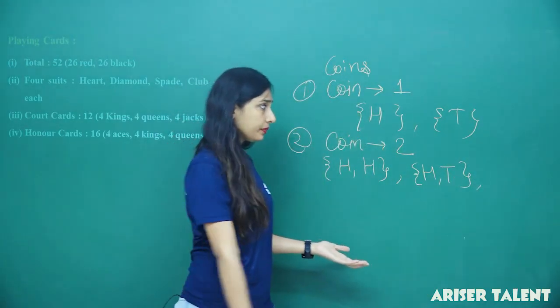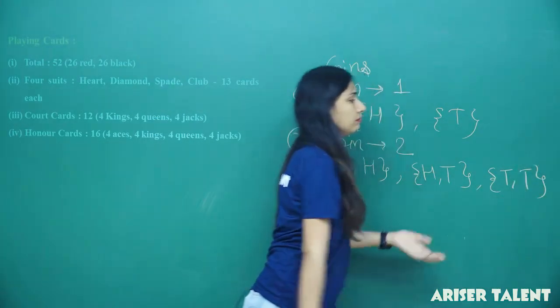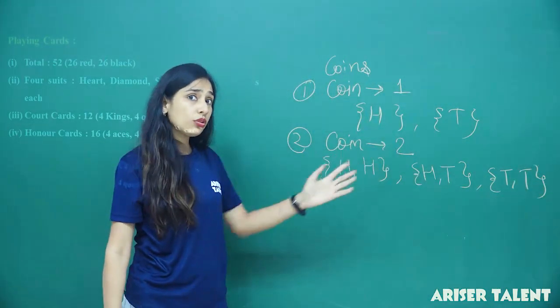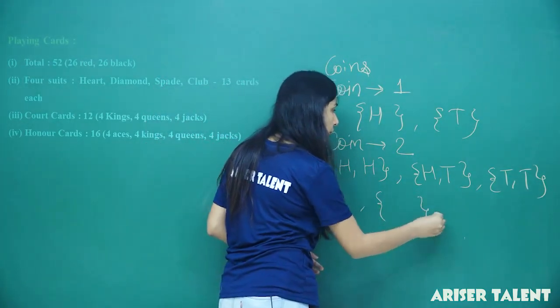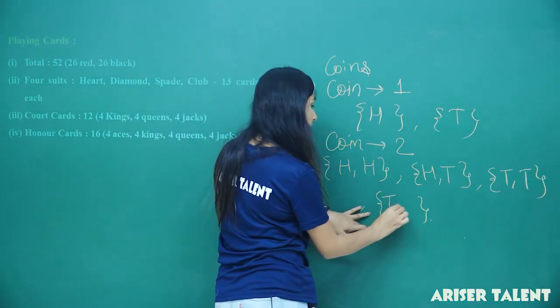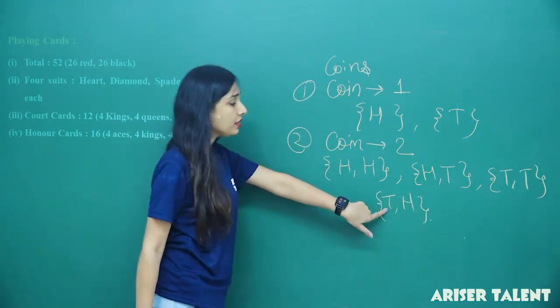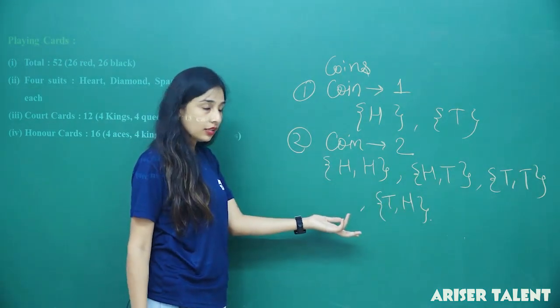Now the third one may be something like that. I'll be getting tail in both the coins, and what should be the fourth one? Then I'll have tail in the first coin and head in the second coin. So there is a combination you can see now.